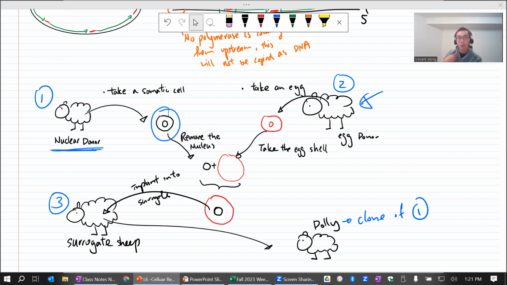If we are able to clone organs, then it would eliminate the problem of organ shortage. Do you guys know what has the longest wait list when it comes to transplantation? What kind of organ? Does anybody know? Heart? Good try, not the heart.